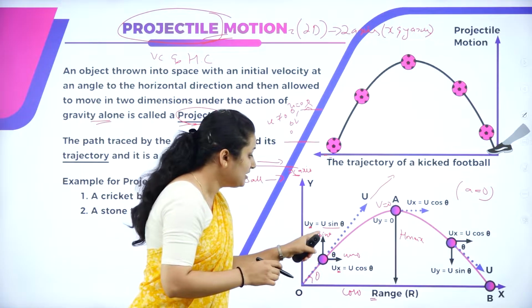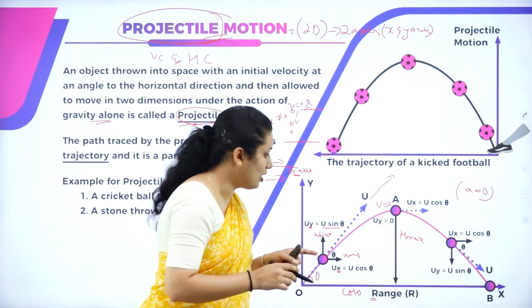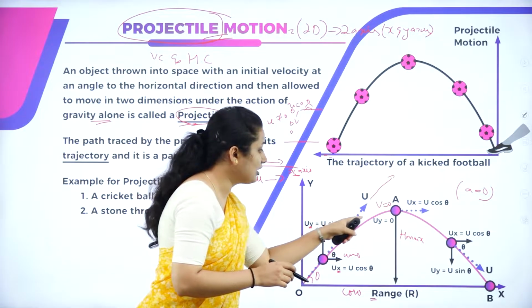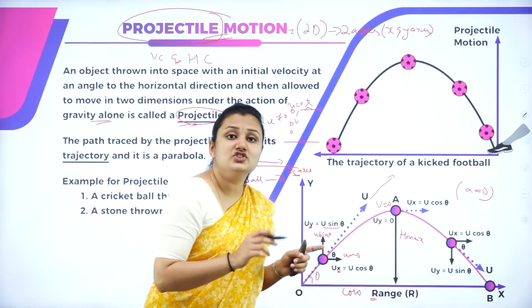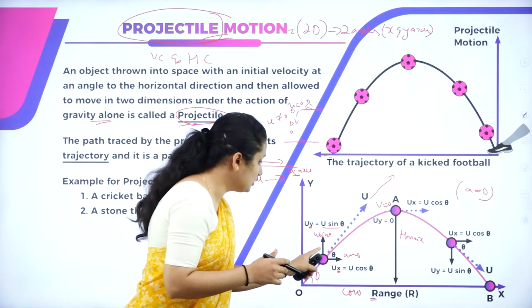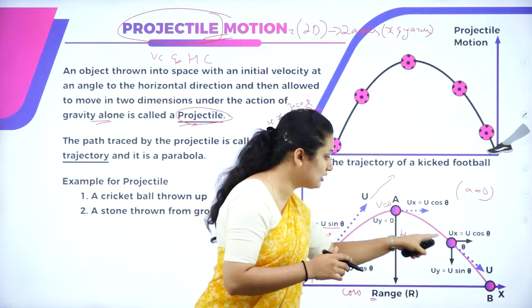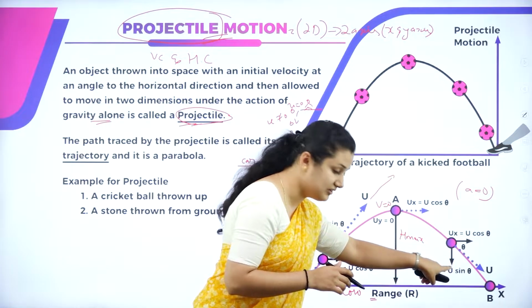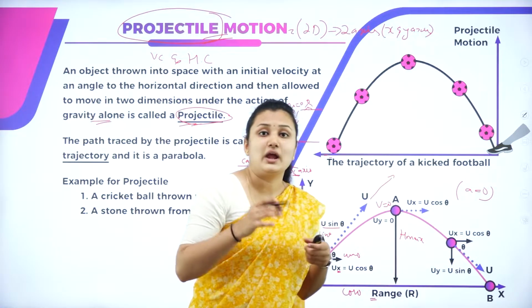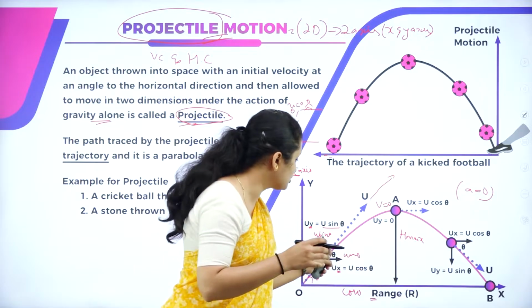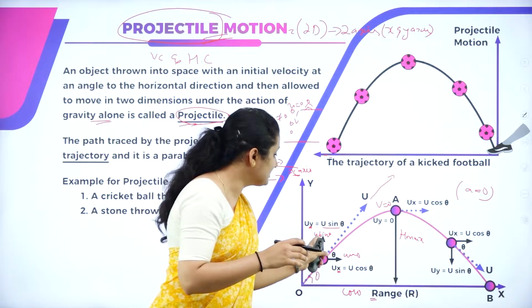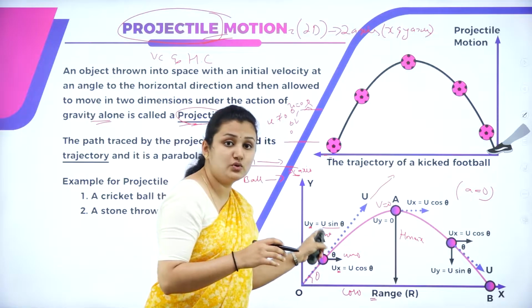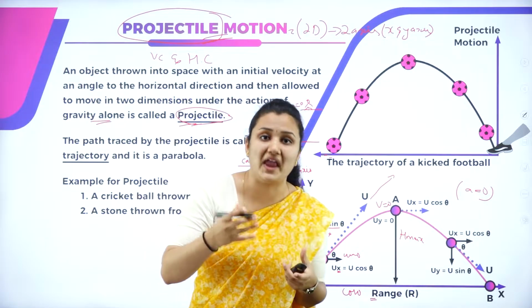Whereas the u sin theta, that is the vertical component, the velocity at each point of the trajectory is changing. Here you can see u sin theta, here it is becoming 0, and here you can see it is in the reverse direction. So at each point of the motion of the ball in this trajectory, the vertical component, u sin theta, is varying.